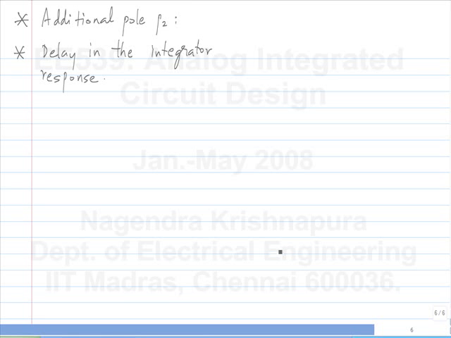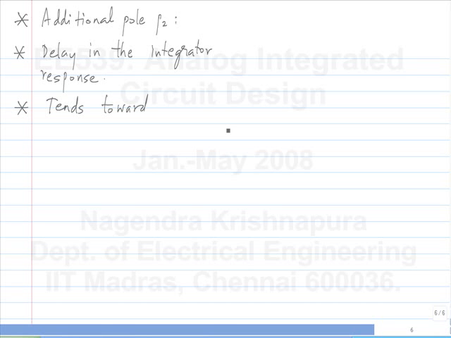Even though it doesn't go out of bounds, that's not a response that you want. So it tends towards instability, but doesn't actually become unstable.